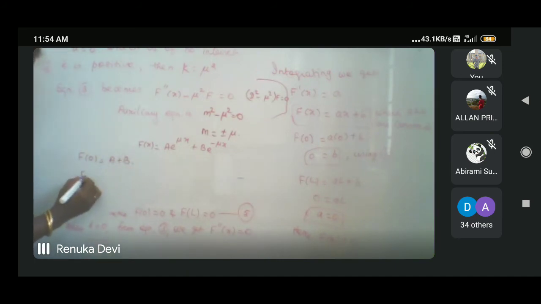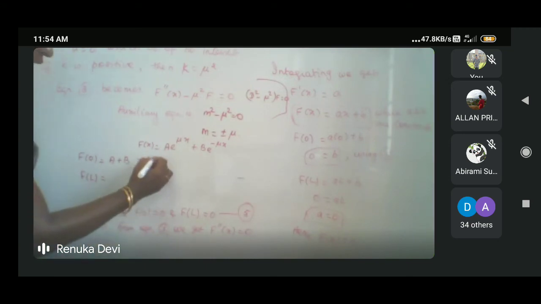What is f of L? This implies f of 0 is 0. Therefore a plus b equal to 0.